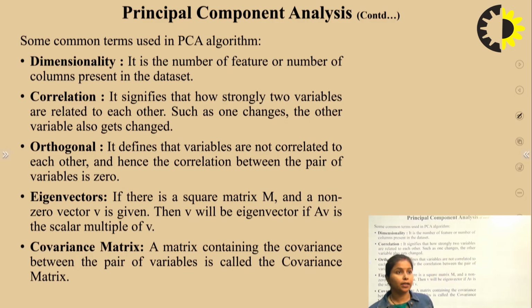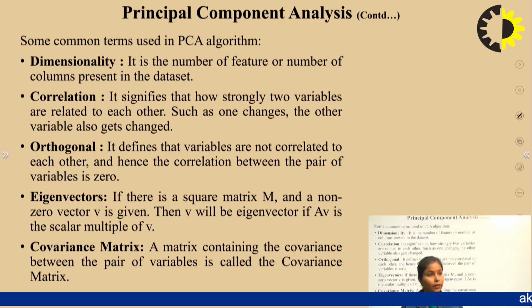First is dimensionality, which basically is the number of features or number of columns present in the whole data set. Second is correlation, which is how strongly two variables are related to each other, such that if one changes, the other variable also changes. Orthogonal defines variables that are not correlated to each other, and hence the correlation between the pair of variables is 0.